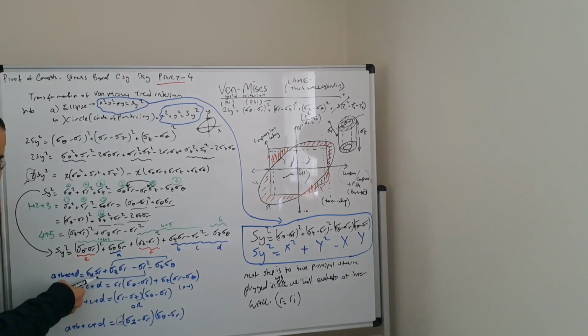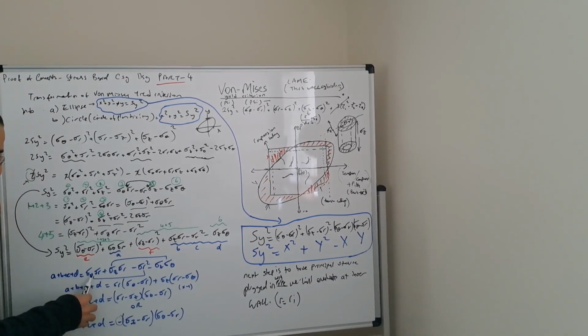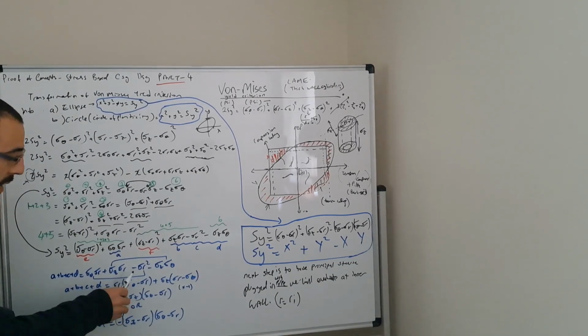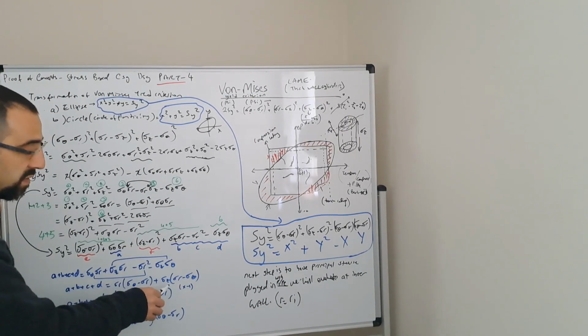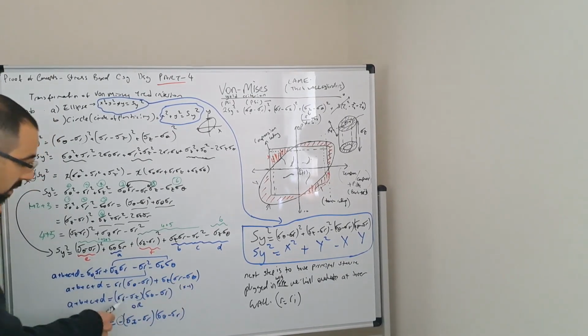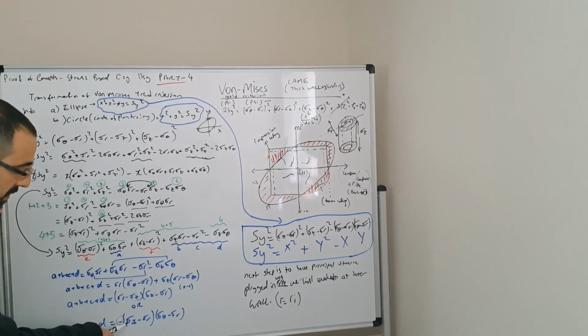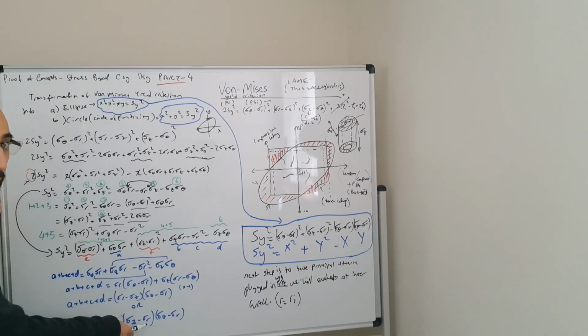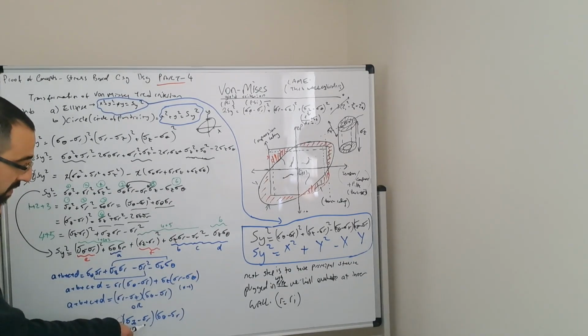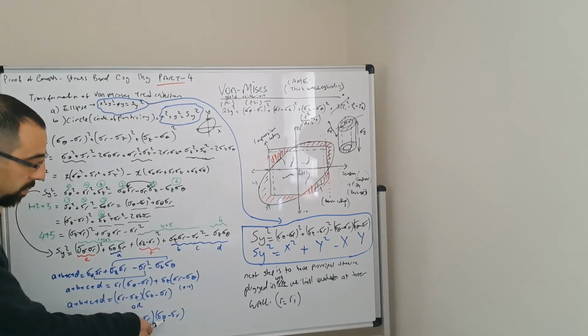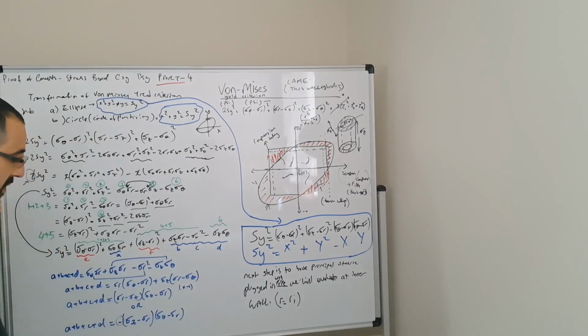So if you put this here, immediately I can notice that I can basically pull radial stress into a bracket as a common term, and also I can put axial stress as a common term. And what I'm going to end up with is minus axial stress minus radial stress, multiplied by the tangential stress minus radial stress.